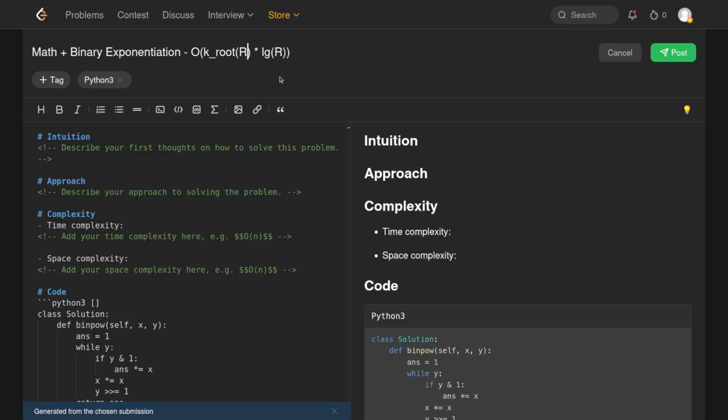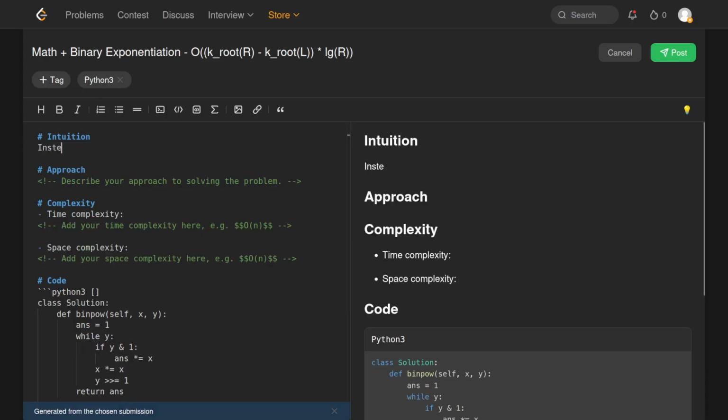Technically it's this because they are independent, but who cares?